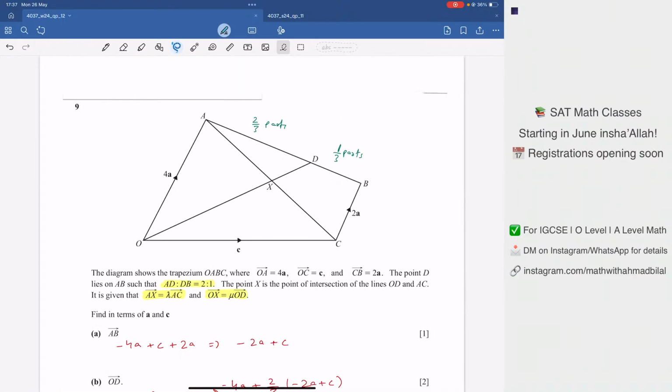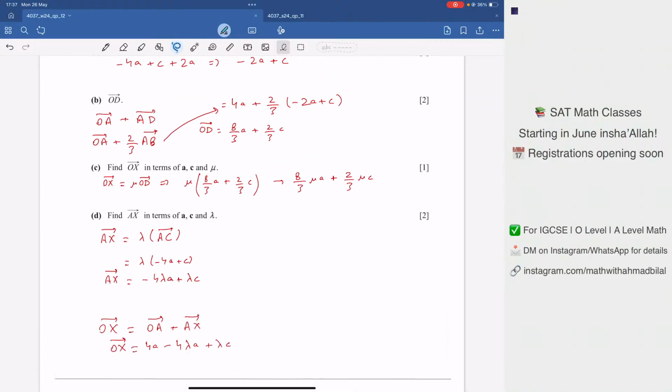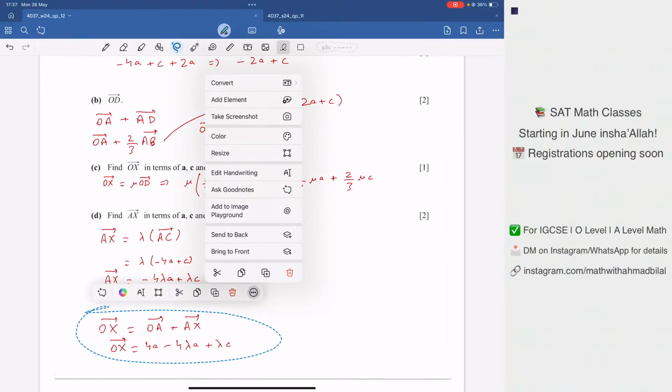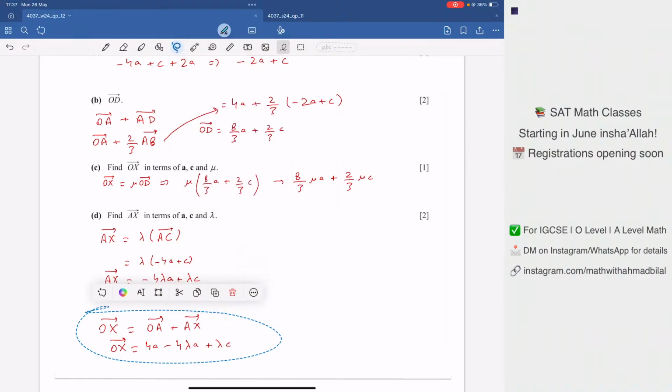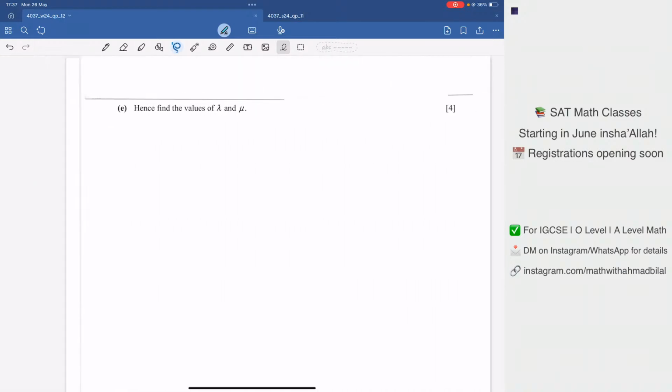No. Okay, so what options are we seeing here? Should be working.